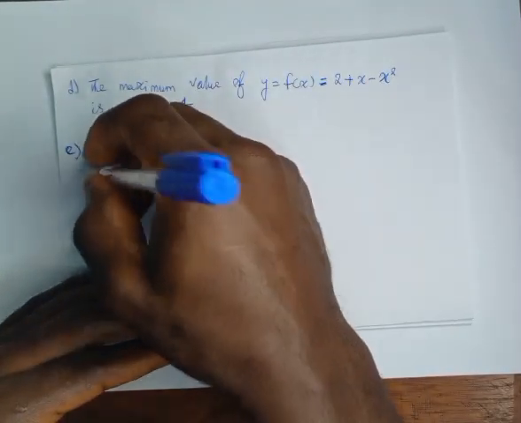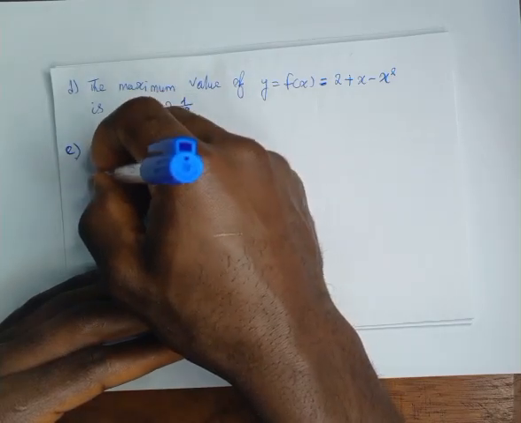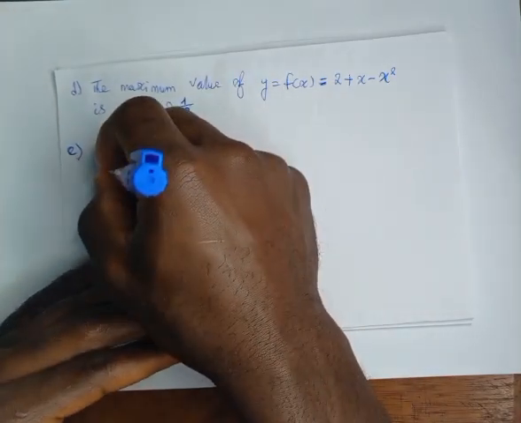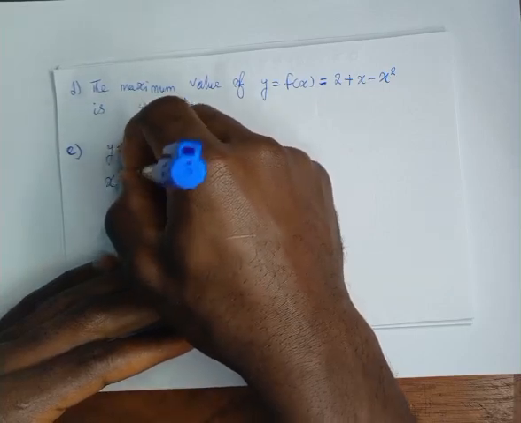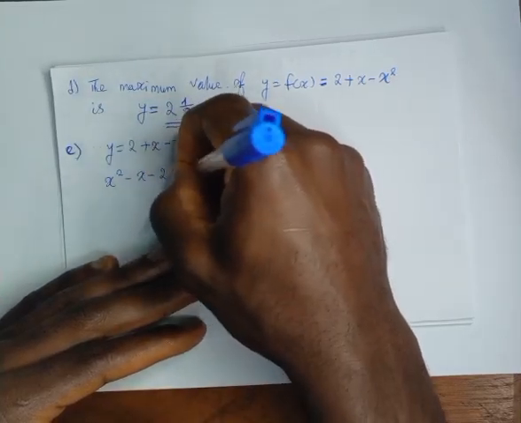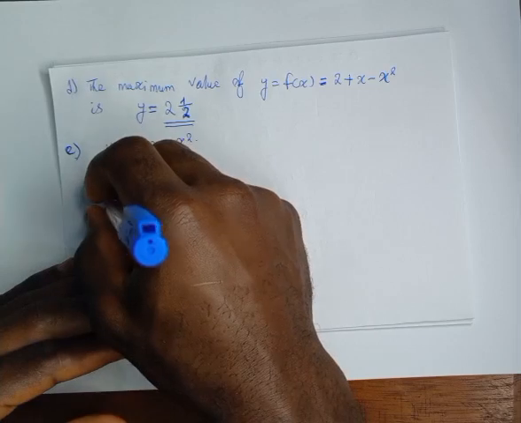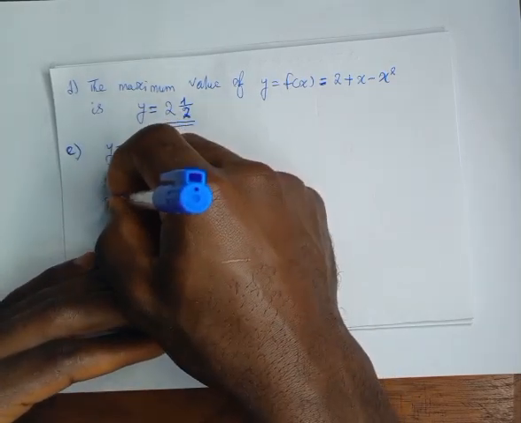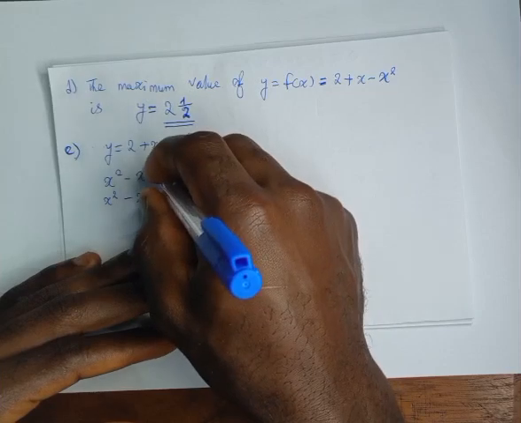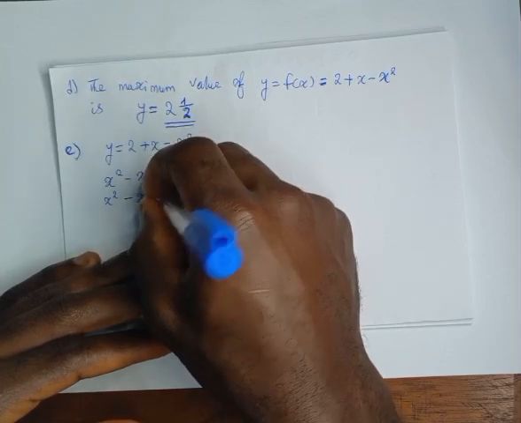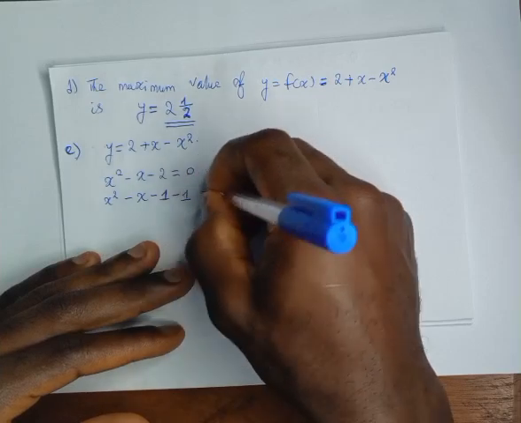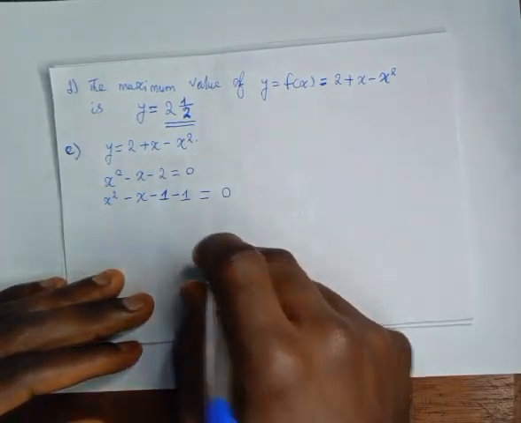Now if we take the quadratic equation x squared minus x minus 2 equal to 0, you can write this as x squared minus x. You can write -2 as -1 minus 1 equal to 0.